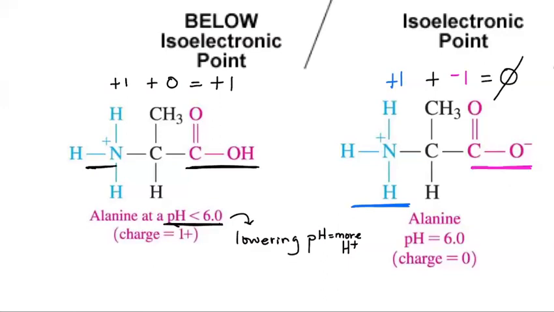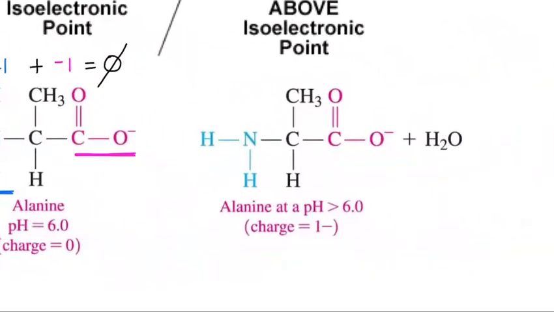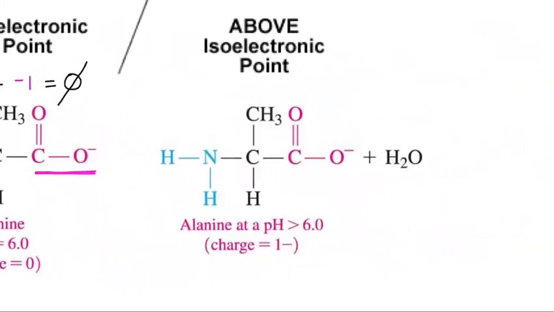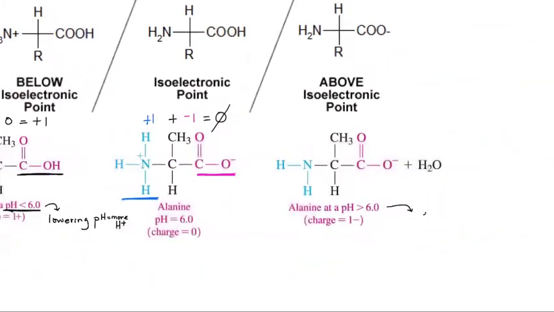Let's look at what happens if now we change the pH for the particular amino acid to higher than the isoelectric point. So when we go to pH values that are higher than the isoelectric point for our amino acid, that means that at higher pH, we're going to have more OH minus.